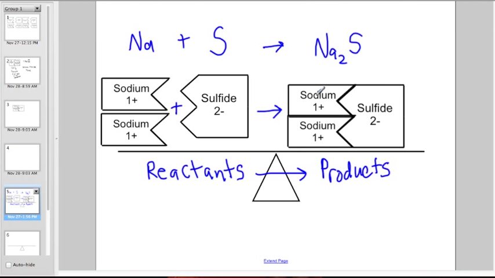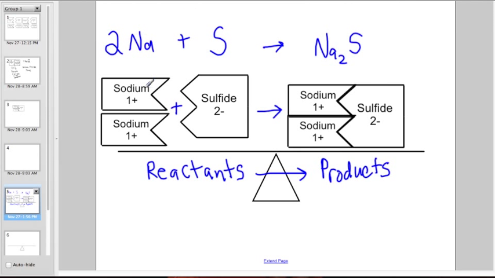Well, if I make something with two sodiums here, I need to have two sodiums here. So to write Na isn't fair. And if I write Na2, that's not right because these two aren't linked together, right? They're separate sodiums, two different pieces. So instead of writing my 2 on the bottom, which means they're linked together, I write the 2 up here.